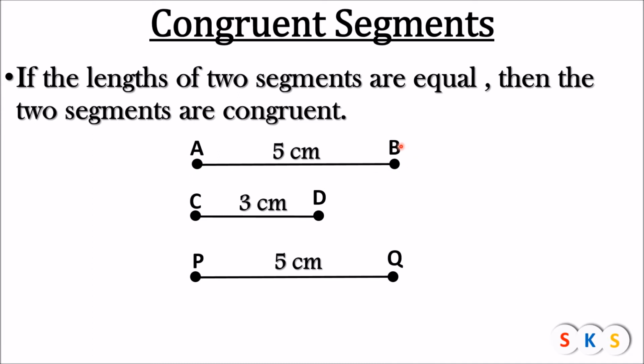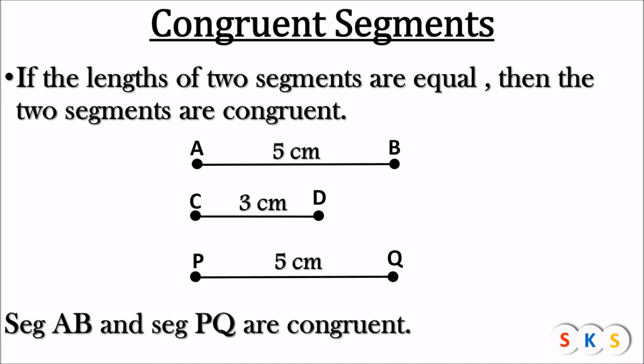Now you can see the length of segment AB is 5 cm and the length of segment PQ is 5 cm. Therefore segment AB and segment PQ are congruent to each other because they have the same length. So what do you mean by congruent segments? Segments having the same length.